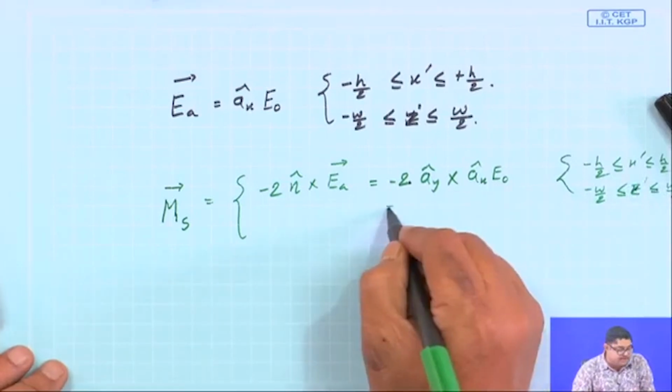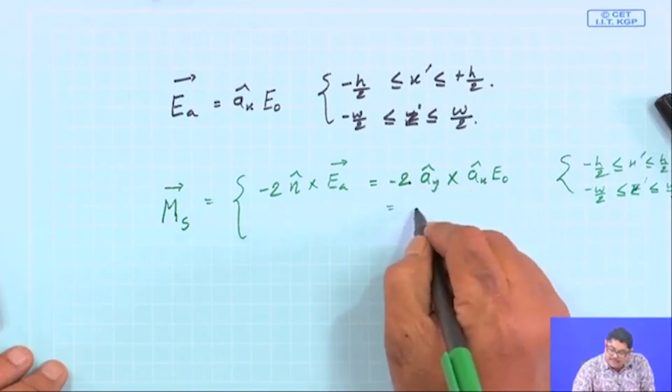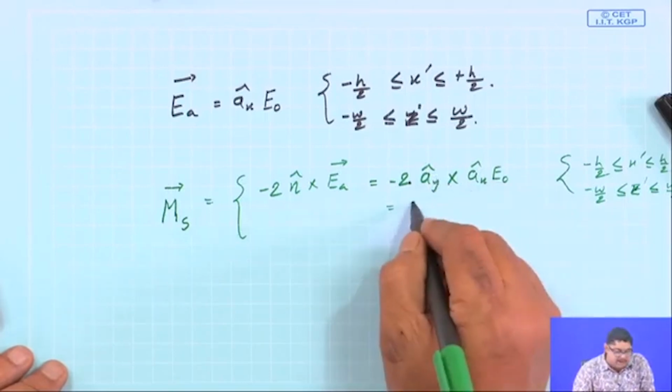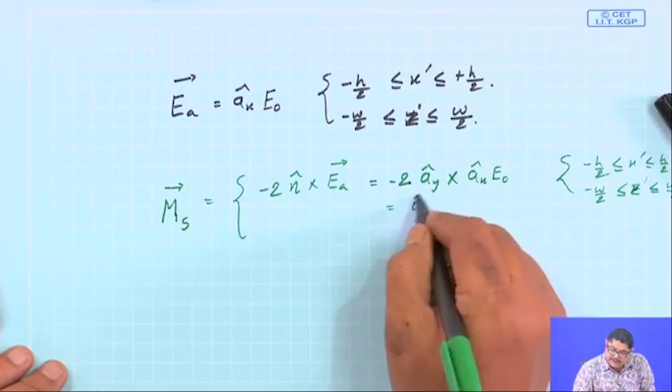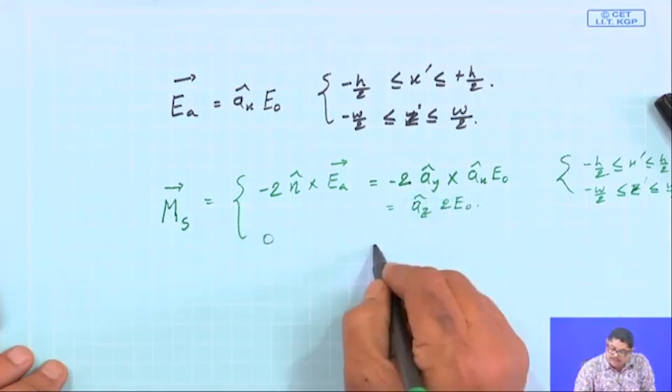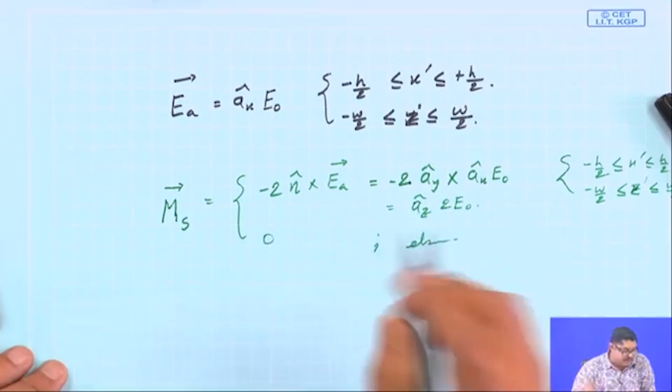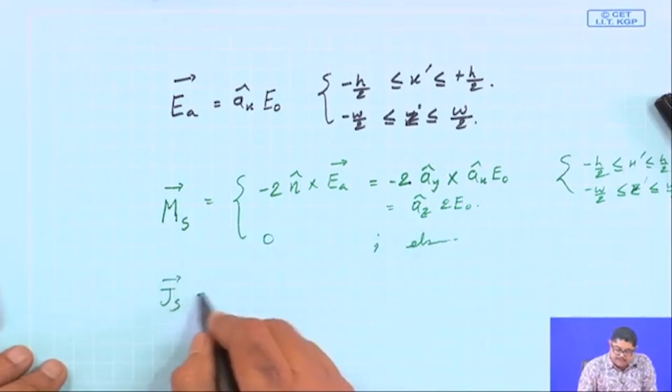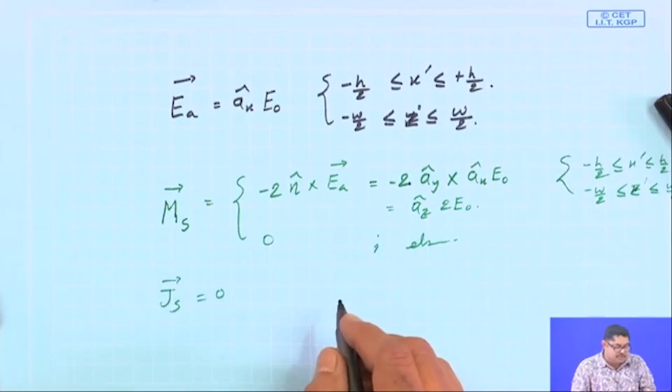So this becomes a_y cross a_x, which is minus a_z, so Ms is 2 E naught a_z, 0 elsewhere, and Js is 0.